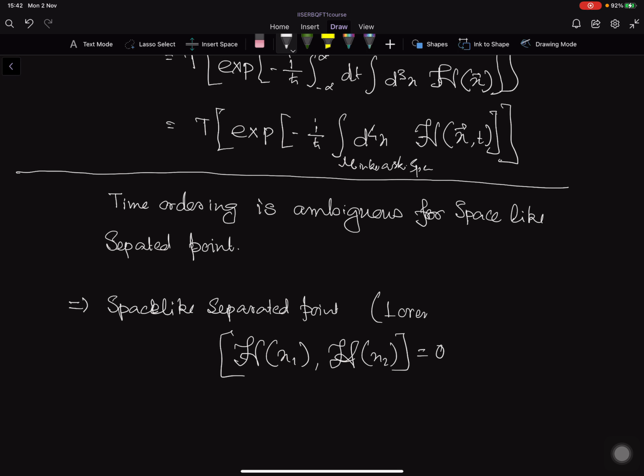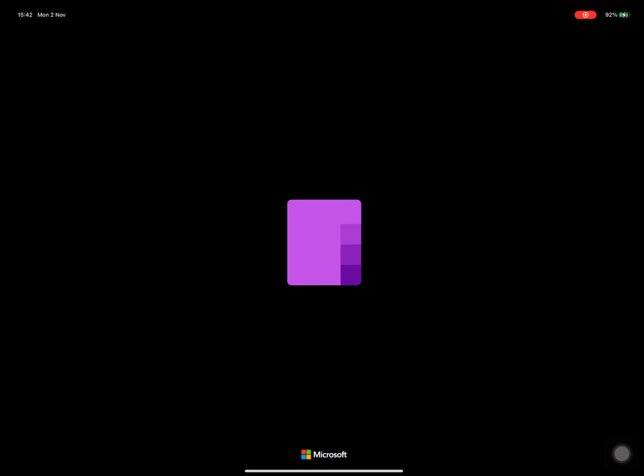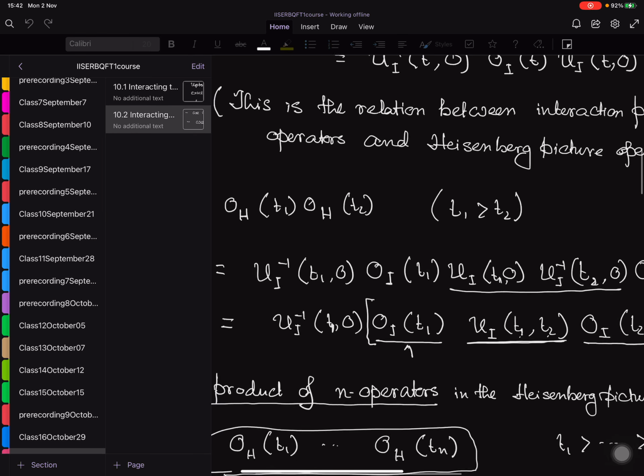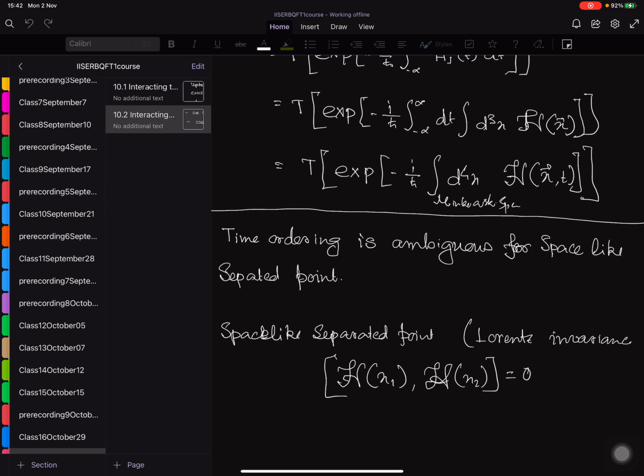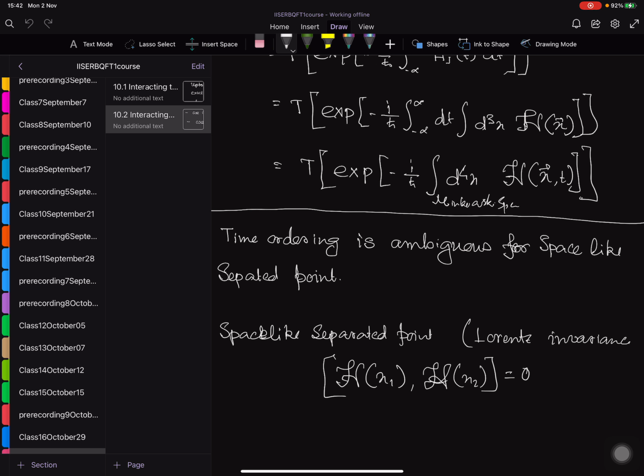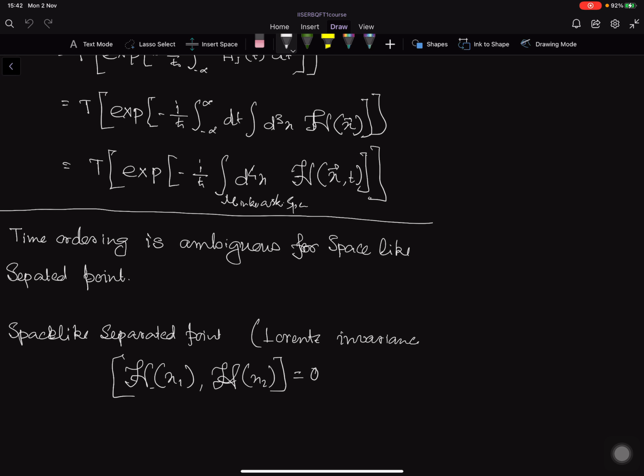This follows from Lorentz invariance. Sorry, these are the interacting Hamiltonian densities. And this is the requirement of causality for an interacting theory. There is a long elaborate discussion in Weinberg. I encourage you to look at this. I just highlight this issue so that you are aware of it.